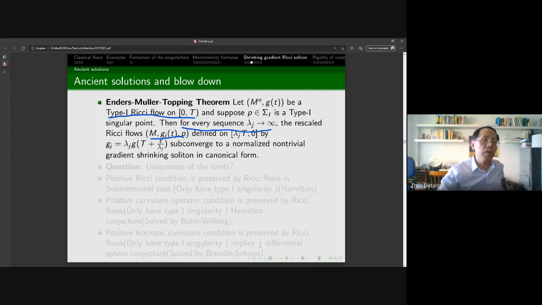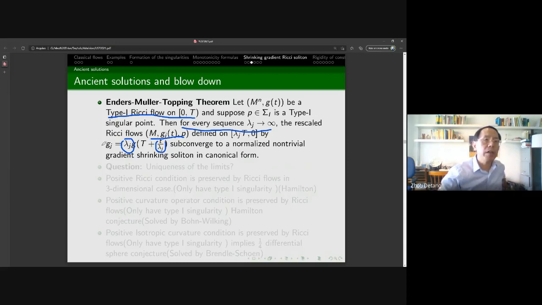Remember that the Ricci flow is parabolically scaling invariant. So you take this time, you divide by this time, and lambda_j goes to infinity. That means you make the flow slow, and on the other hand, you make the metric bigger.